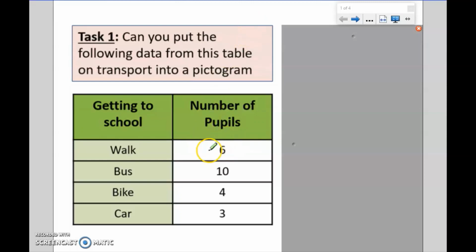So you can see 6 students walked to school, 10 students took the bus, 4 students biked, and 3 students took the car. Remember, at this point you have the ability to pause the video. I would like you to pause the video and produce a full and accurate pictogram representing this data here. Would you like to pause the video now?